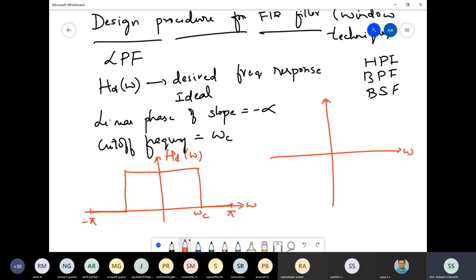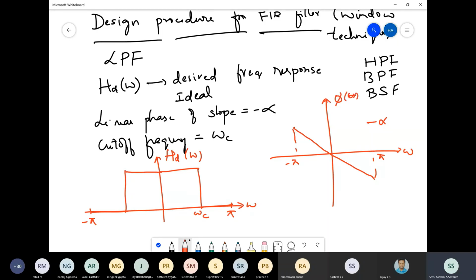So this has a linear phase response with a negative slope for the entire duration from plus pi to minus pi. It has a negative slope of minus alpha. So this is your phi of omega.